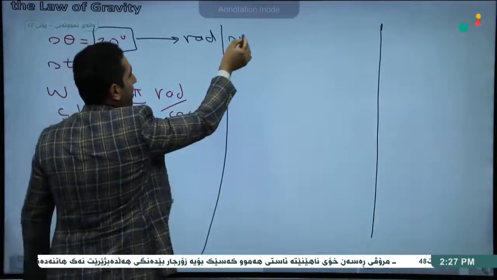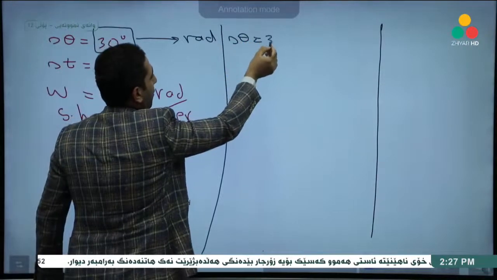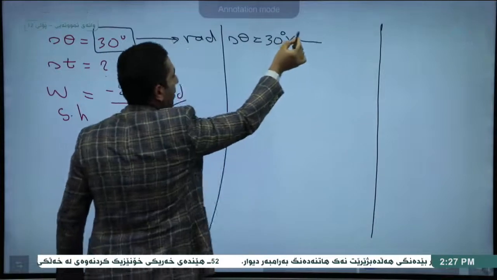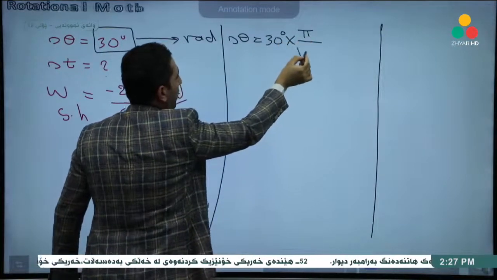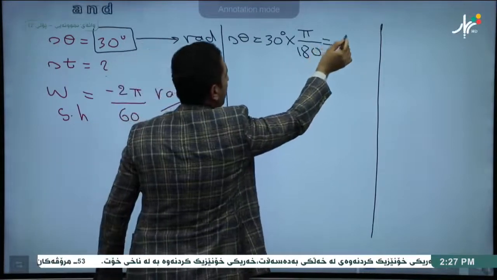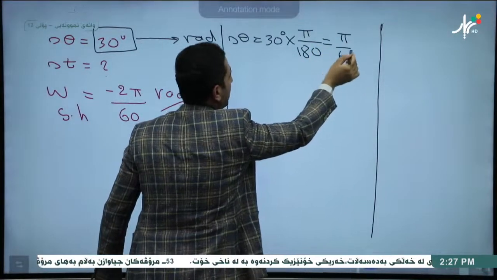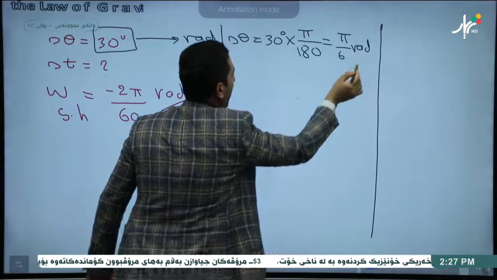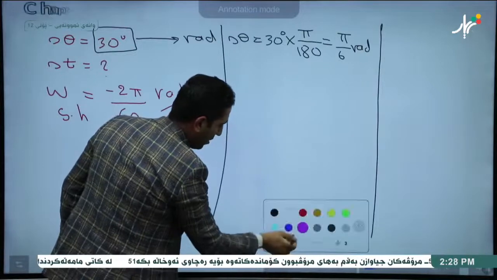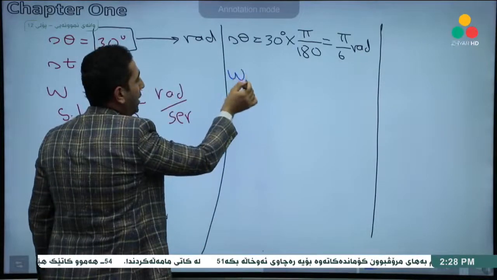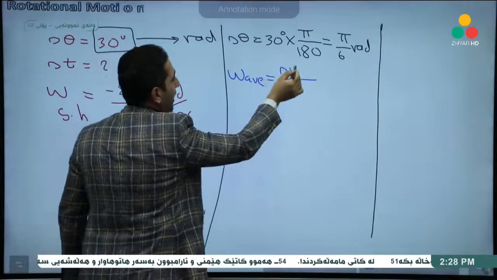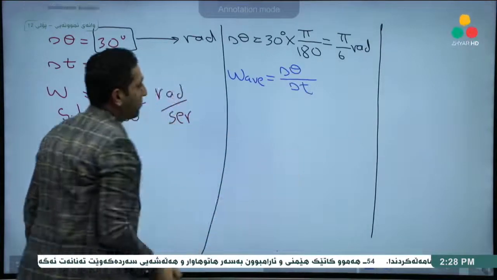Delta theta is 30 degrees times pi over 180, which is equal to pi over 6 rad. And omega average is equal to delta theta over delta t.